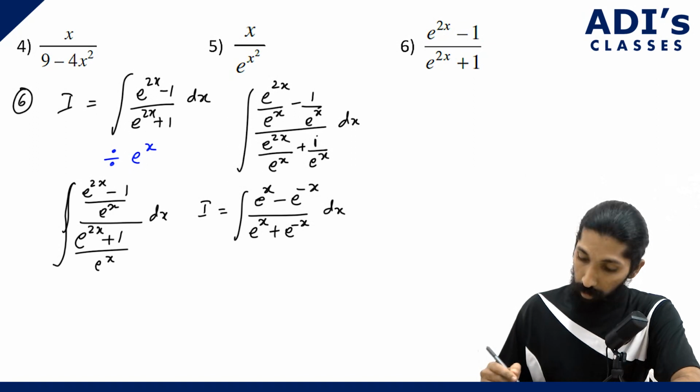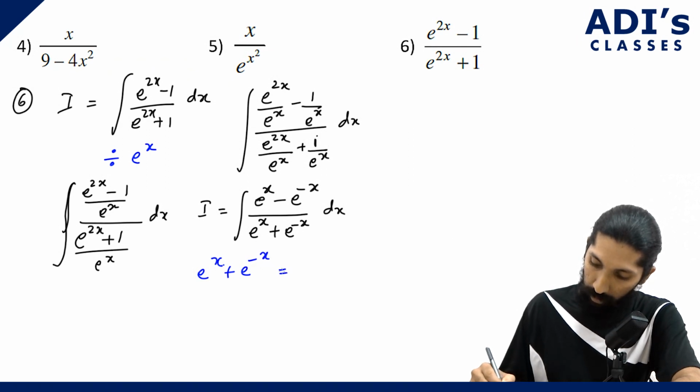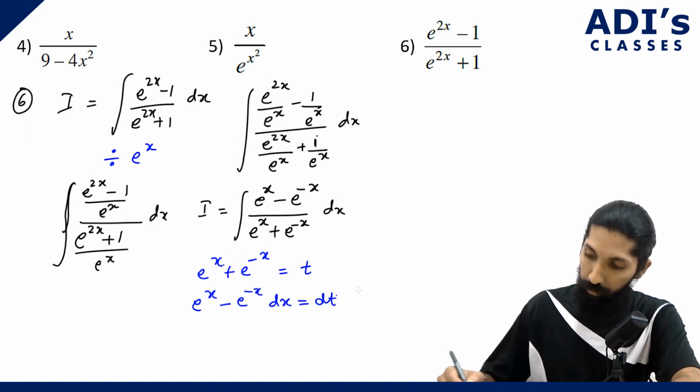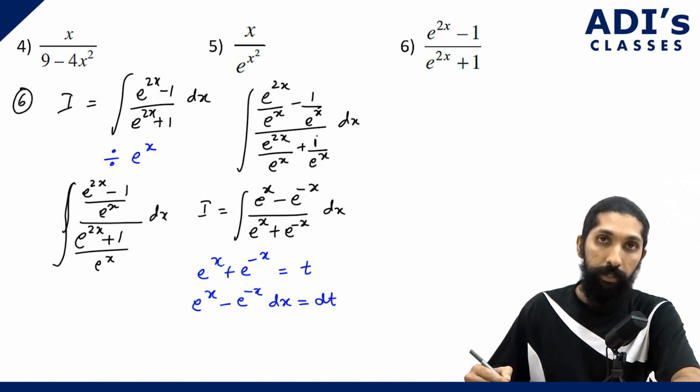All right. So you take e to the power of x plus e power minus x as t. So you'll get e power x minus e power minus x dx is equal to dt. So the numerator entirely is going to become dt.